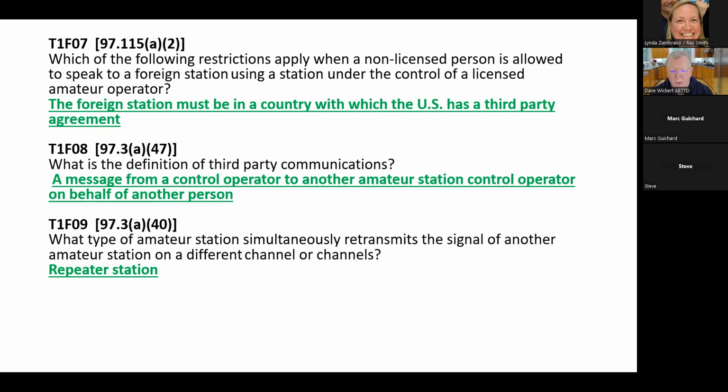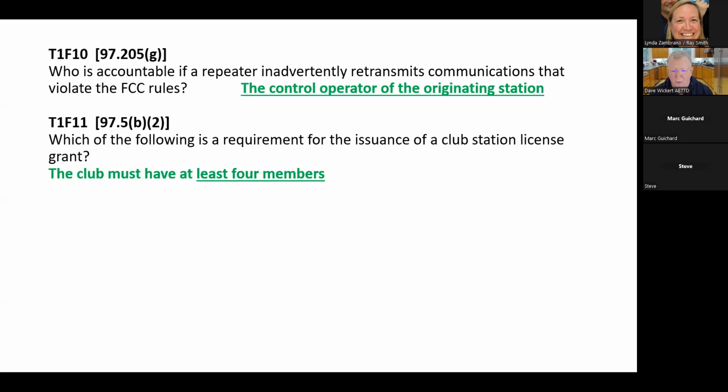And so they shut that down, and you have to have a third-party agreement between the United States and that country to be able to talk to a non-licensed person in that country. And question F08 asks you what third-party communication is, and it's what we just talked about. And what's a repeater? A repeater is a station that retransmits the signal on another frequency.